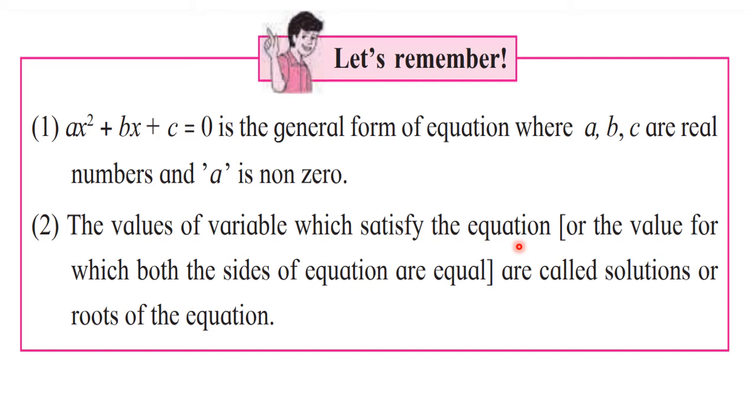By values, because I told you that a quadratic equation can have a maximum of 2 roots. So we can have 2 values. That is why the word values is written here. Okay, so those values which satisfy the equation, or the values for which left hand side is equal to right hand side of the equation, those values are called solutions or roots of that equation.